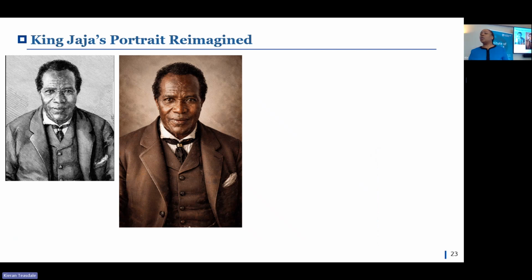So this is our wonderful King Jaja in all his finery. Of course, in those days, not everybody was privileged to dress like a proper English person. Many of them were still wearing loincloths and all, but he, of course, because of his level in society, was properly dressed.